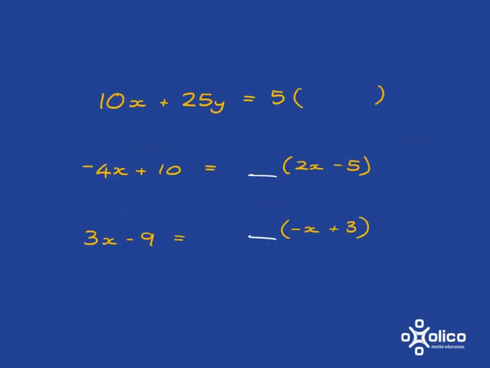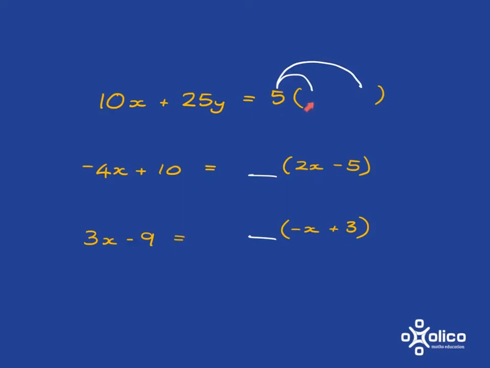I'm now going to give you some examples where I give you one of the factors and you have to try and find the other. So for example, if I've got 10x plus 25y and it's equal to 5 multiplied by something, let's work out what that something is. Well, we know that we've got to do 5 multiplied by this and then 5 multiplied by that and end up with 10x plus 25y.